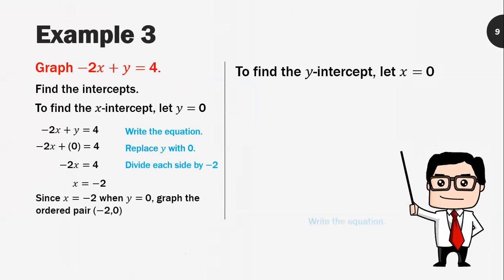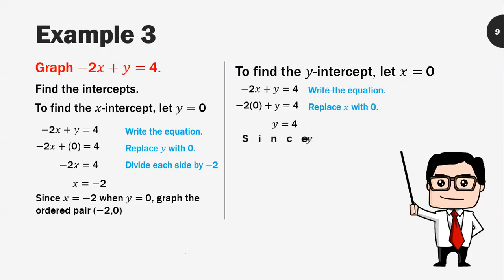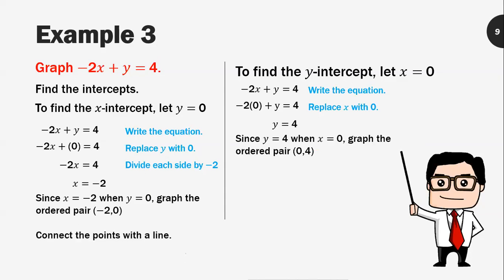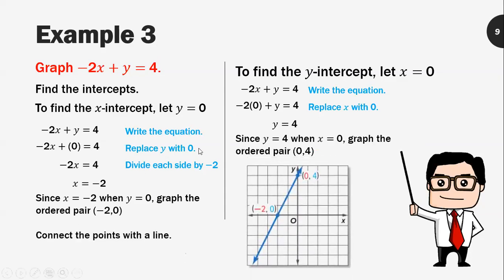To find the y-intercept, we will substitute x with 0, and then negative 2 times 0 plus y equals 4, and y is 4. So the first point for the x-intercept is (-2, 0), and the second point for the y-intercept is (0, 4).